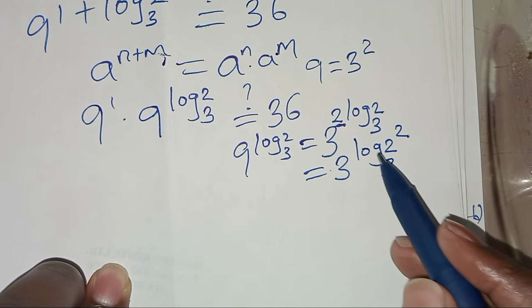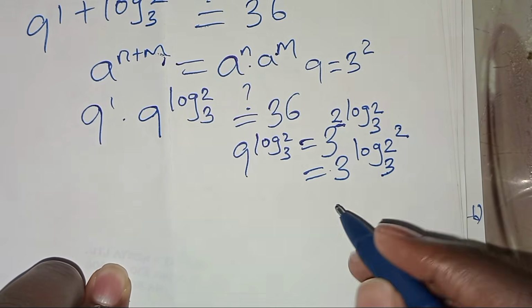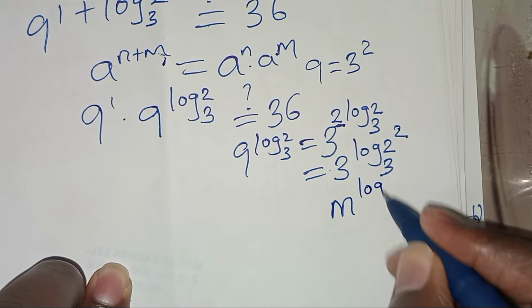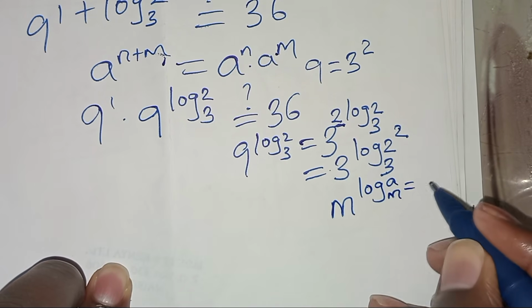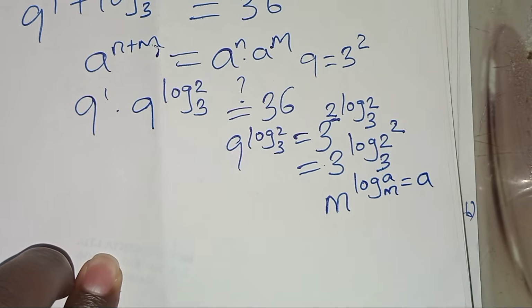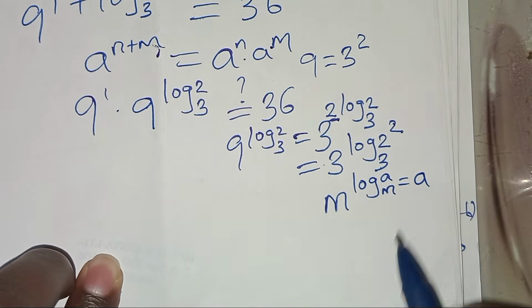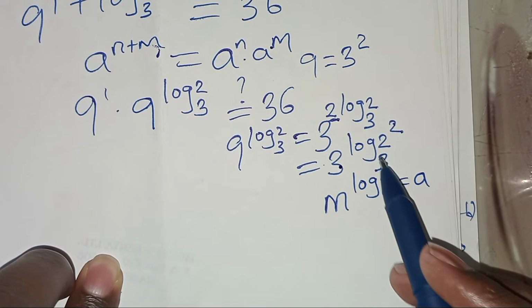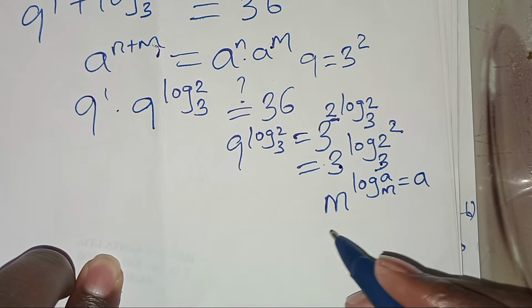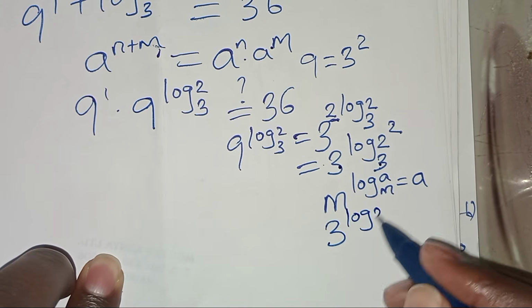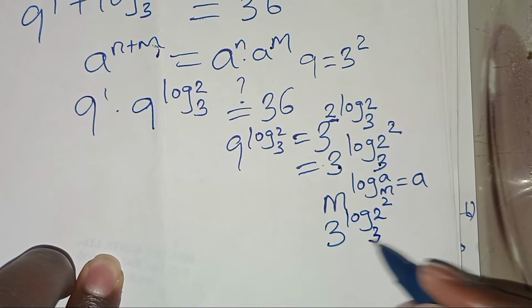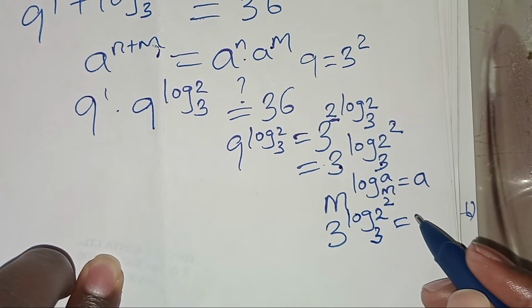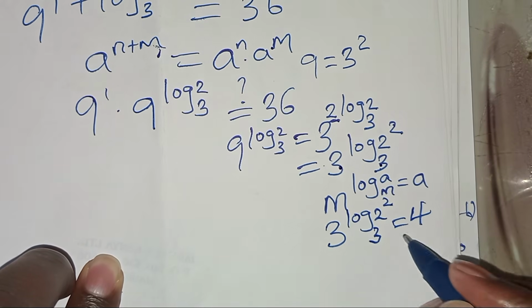And you find that 3 to power log 2 to power 2 to base 3 is in the form of m to power log a to base m, which is essentially equal to a. Okay, so applying this logarithm identity, 3 to power log 2 squared to base 3 is the same thing as 2 squared, which is actually equal to 4.